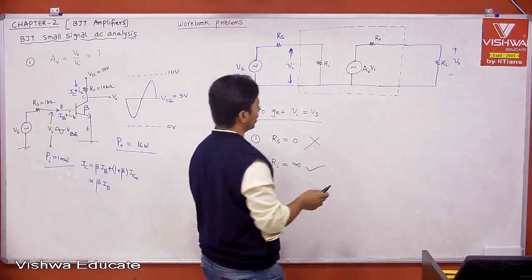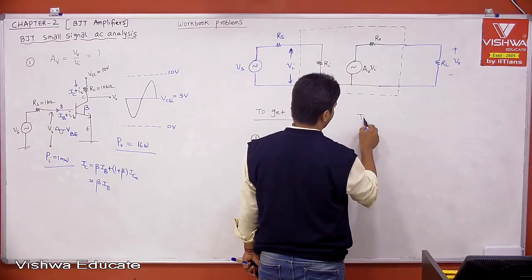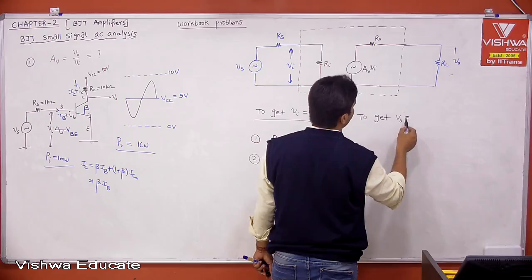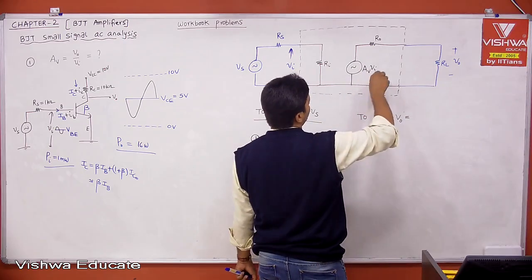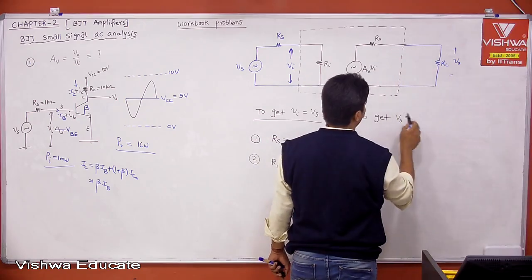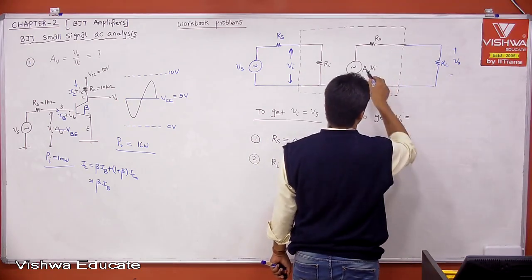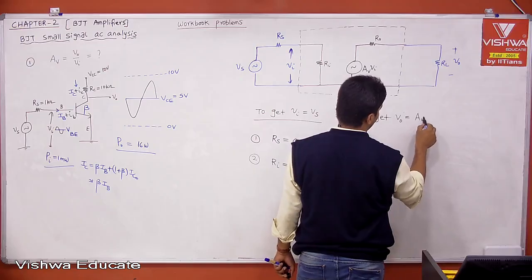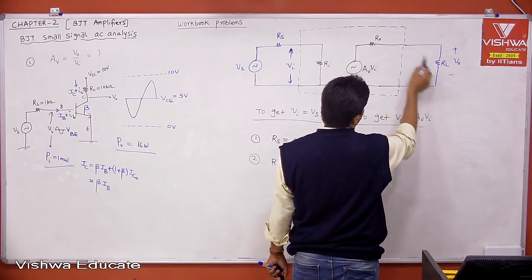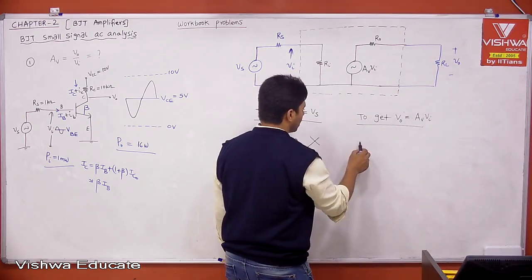Now the output side. To get V0, whatever voltage is amplified by your amplifier, that entire voltage I want to apply to your load. Therefore, to get V0 equal to AV into Vi. But that is not happening because of the interaction between R0 and RL. And again there are two solutions.